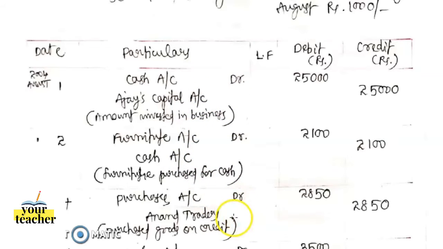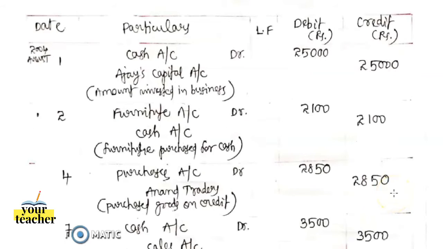If cash is not mentioned, we can represent it as purchase on credit. So the purchase account is the debit side, 2,850, and Anand Traders account is the credit side, 2,850, with the description purchase of goods on credit.